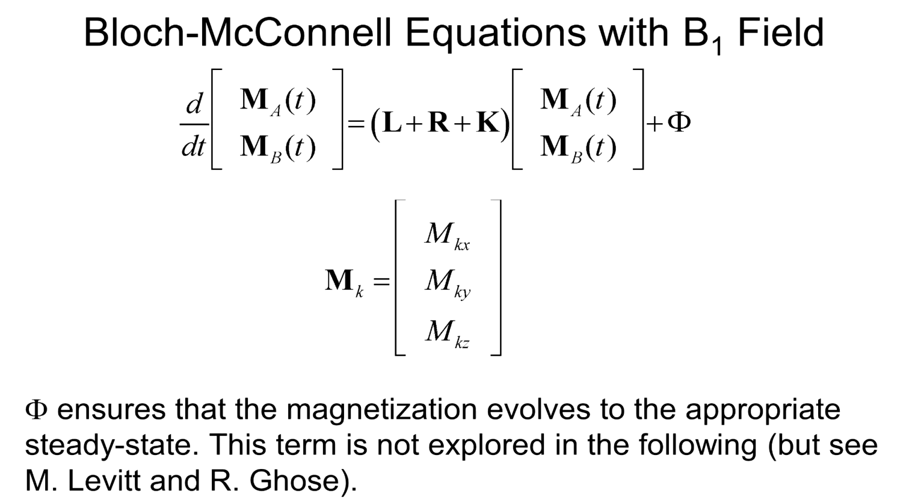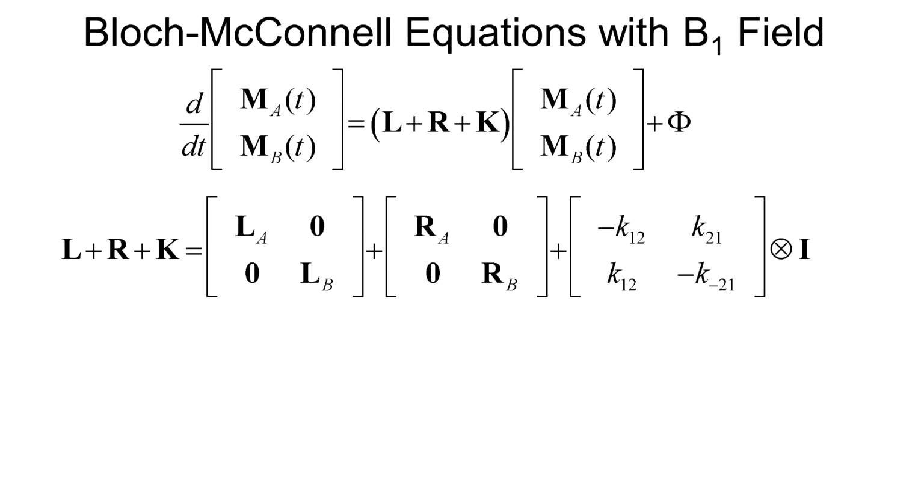I'm going to ignore this term in the following, but once again, this could be incorporated into an expanded basis of terms in the matrices, and again, I'll refer to Levitt and Gauche as people who have worked in this area. So now to continue introducing the different matrices, we now have a matrix of frequencies for each site.